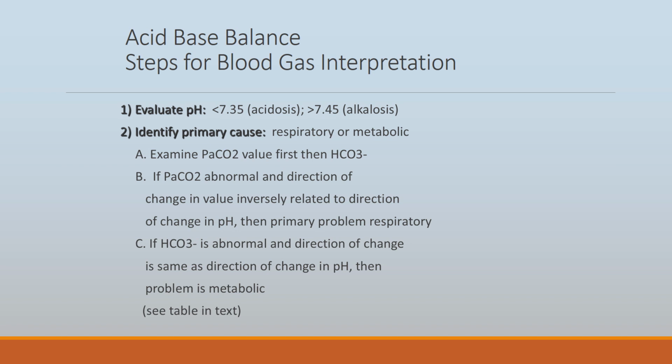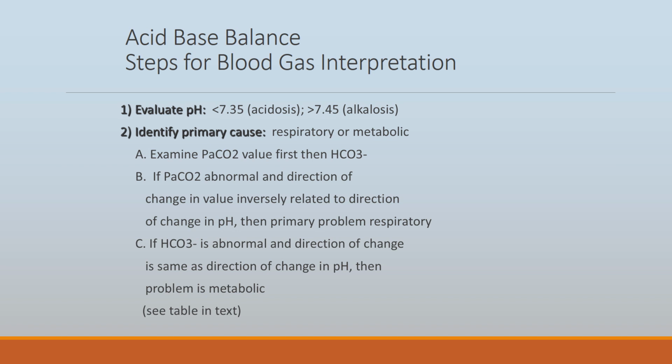Then we need to look at our PaCO2 and then our bicarb, and whichever one is altered, we look at the direction that each component is going. So for example, if I have a low pH and a low bicarb, then I know that it's a metabolic issue because it's going in the same direction. If I had a low pH and a high CO2, then I know that it's a respiratory component.